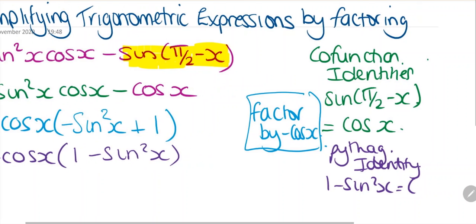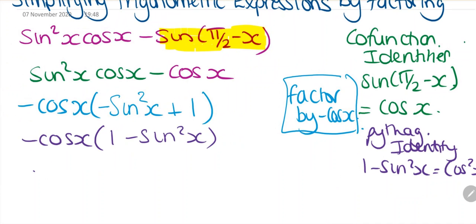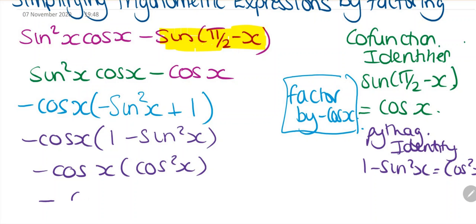So we'll have cosine x multiplied by cosine squared x. And then if I multiply, we'll have minus cosine cubed x. And this will be our final answer.